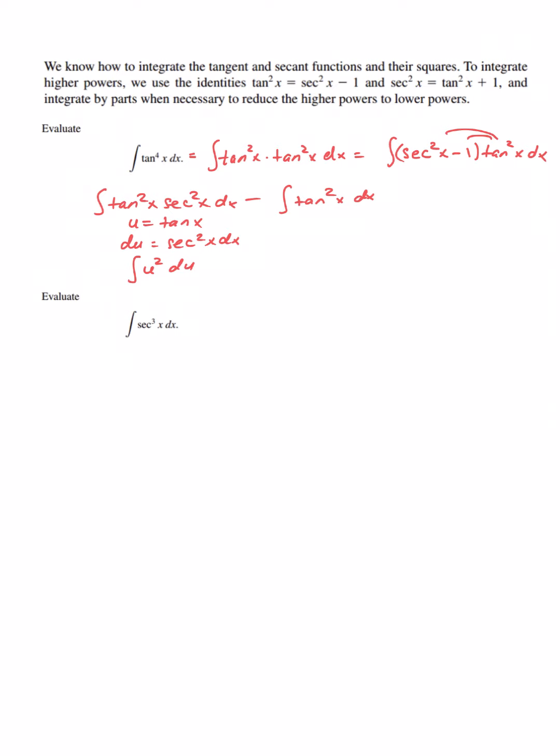And the tangent squared x, of course, I can change into secant squared x minus 1, which then makes a nice, easy integration, because the integral of secant squared is tangent, and the integral of 1 is x, and this minus sign goes to both of those.